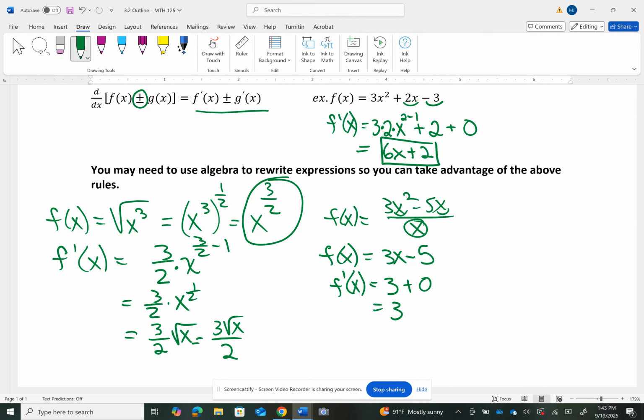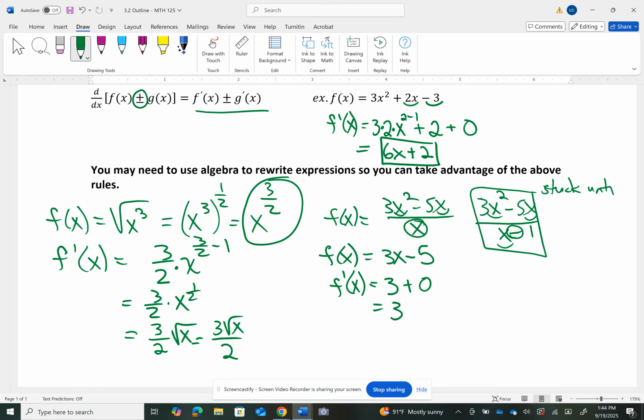All right, now later what's going to happen though is you might have a 3x squared minus 5x, but down here have an x, say -1. Well, then you're kind of stuck, because it's not okay. See, there's a minus here. The x is not a factor of the denominator, so I can't knock that x out of these two terms, and I'm kind of stuck until I know more.